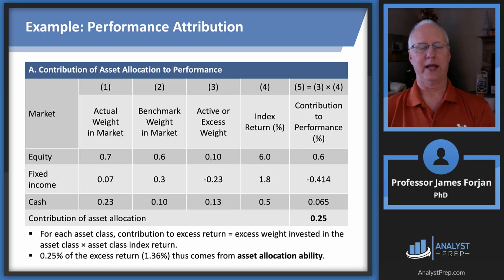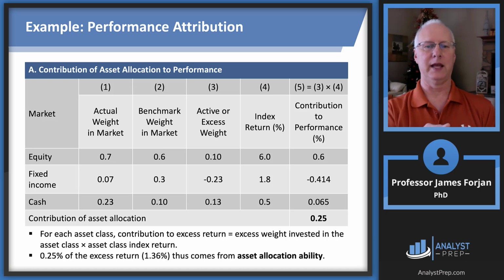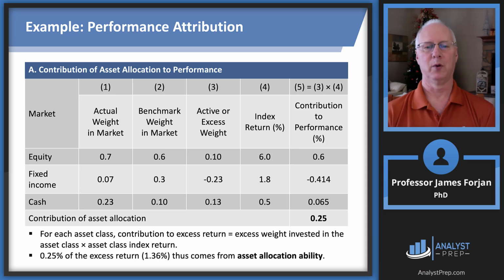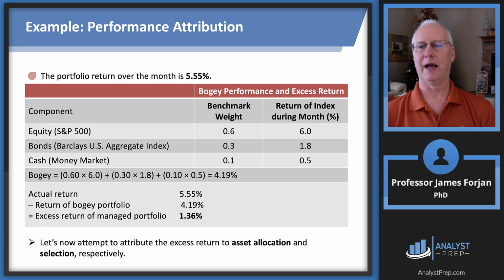So column 3, that's the key column. The active weight or the excess weight, we're just going to take the difference between the two, right? The W, which is 0.7, minus W, which is 0.6. So that gets us 0.10. And we have a minus 0.07 and a 0.03. There's the return on the index, which, let me just remind you, is given to us back in this table. And so do you see what we're doing?